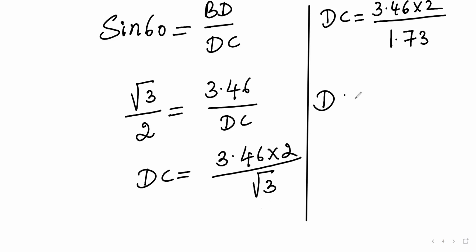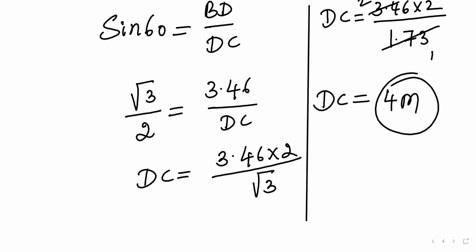So then DC equals 3.46 into 2 divided by 1.73. Since 1.73 ones that is 2s, DC equals 2 into 2, which is 4 meter. So the length of the ladder is 4 meter. This is the answer for this question.